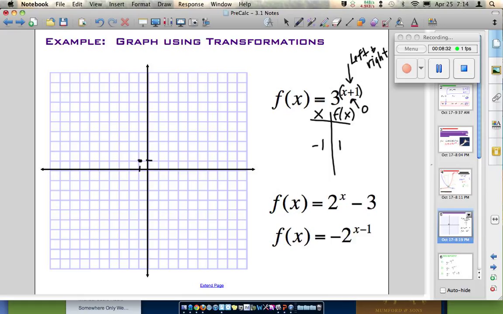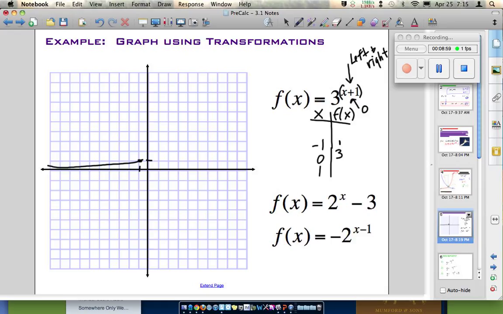Again, think if my exponent was negative, it's going to go closer to 0. So my graph is going to get closer and closer to 0. I'm also going to plug in a couple of more points, 0 and 1. 0 and 1 for x, not for y. If I plug in 0, I get 3.